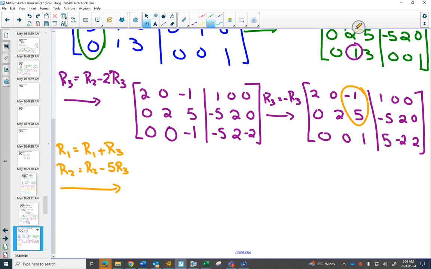Notice for both of the orange ones, it's really easy to use row 3 because row 3 just has that 1 in that bottom corner. So that'll be something you'll notice. If you try to use other rows and you get rid of a 0, so now we've got these 3 zeros in the bottom corner. If you do a row operation and one of those zeros goes away, that is not a good row operation.